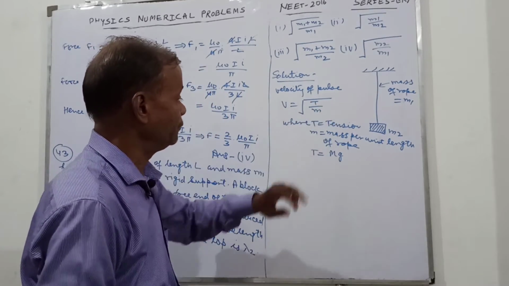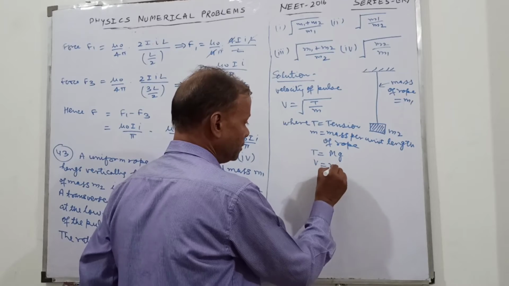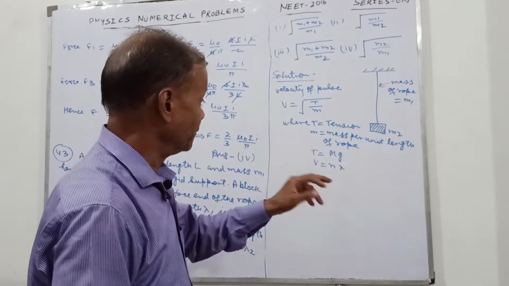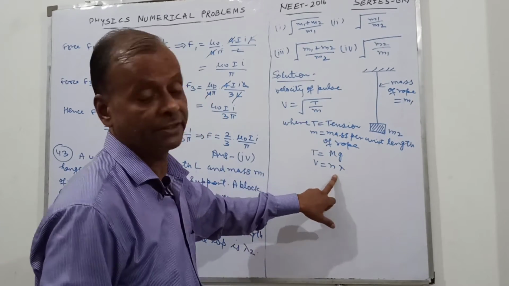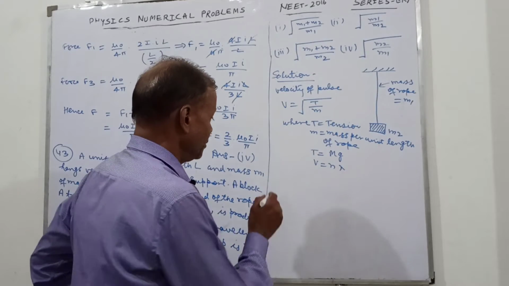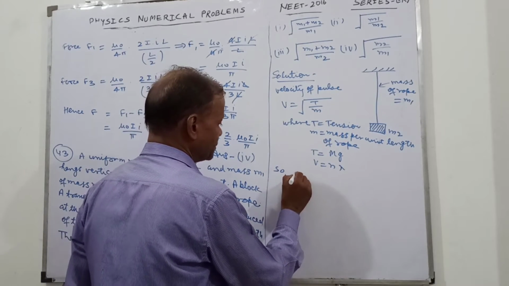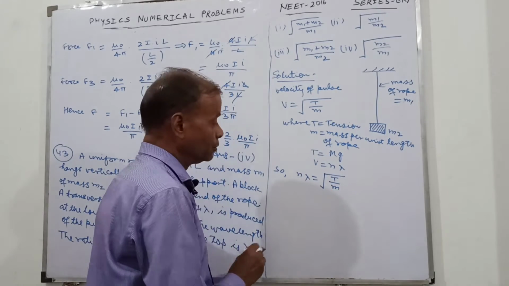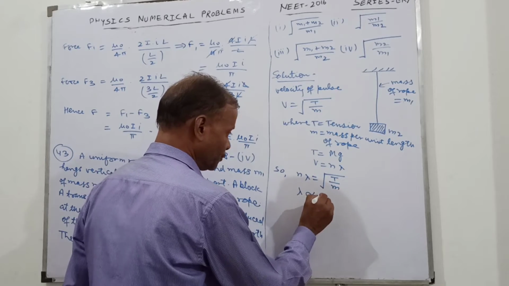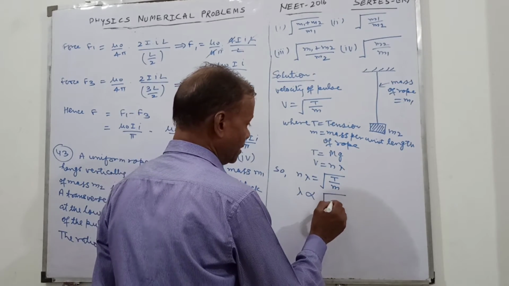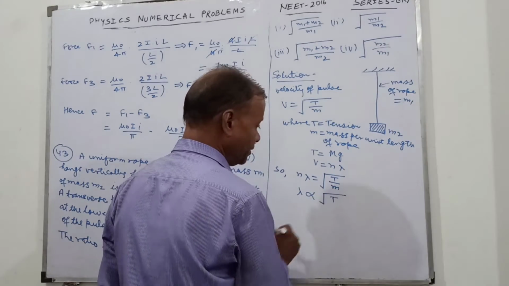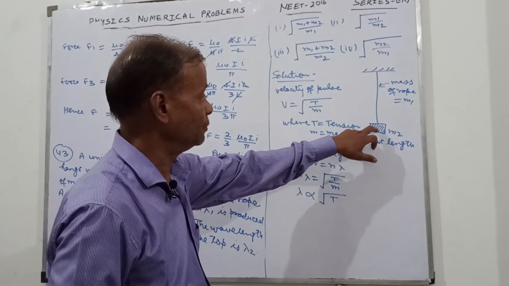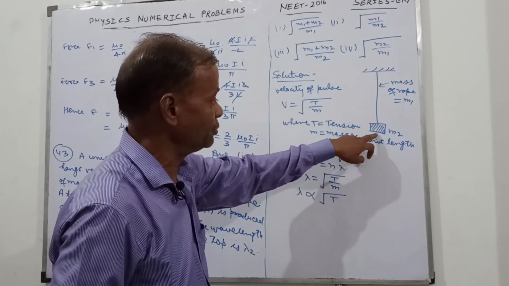Now from here we can see the formula v equals n lambda. When a transverse wave is produced, it will have a velocity, so the velocity is also given by this formula. So n lambda equals square root of T upon mu. It gives that lambda is proportional to square root of T. Now at the lowest end, the tension in this string is due to this mass m2.